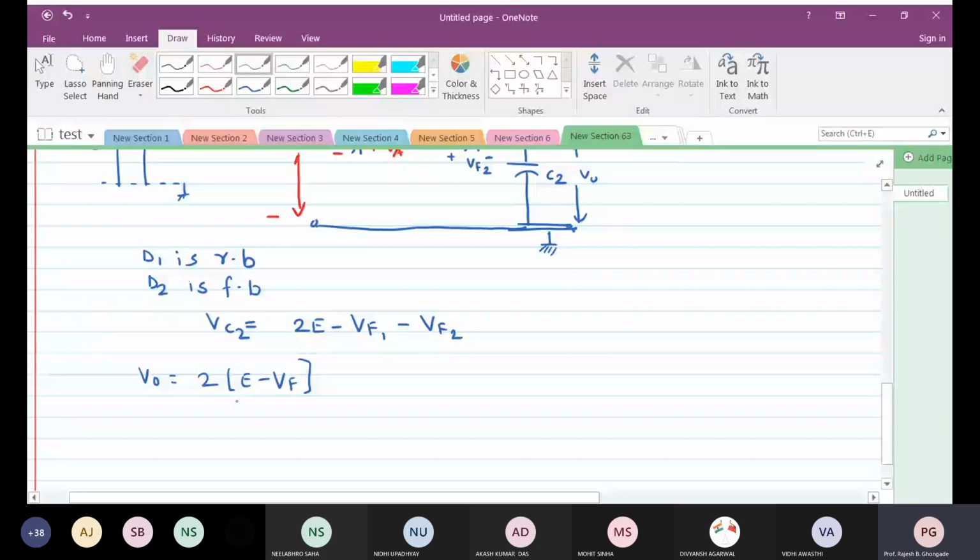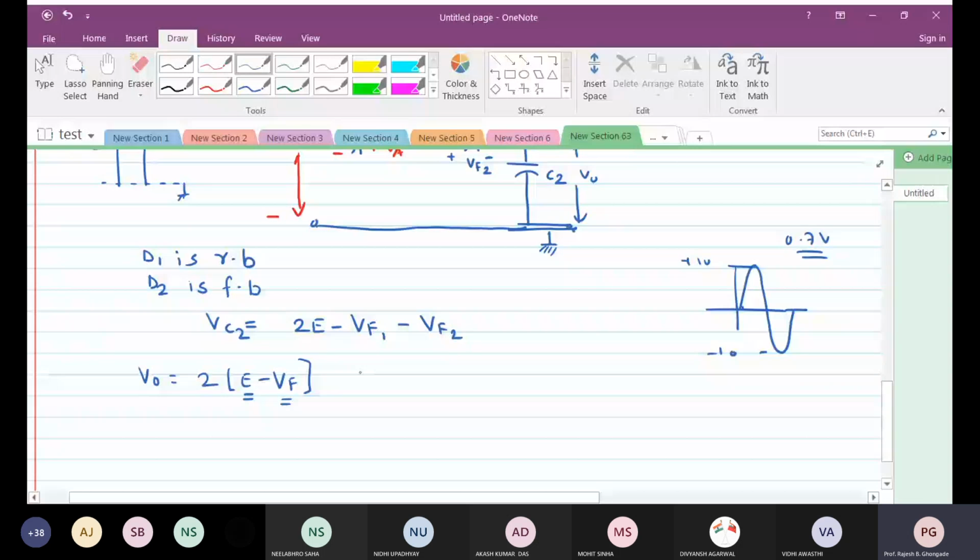All right. Yes, sir. And most of the times, as compared to E, this VF is very small. Just like in case of the power supply, if your input voltage peak to peak values are in the range of plus 10 volts, minus 10 volts, and so on, as compared to these values, 0.7 volts is very, very small.